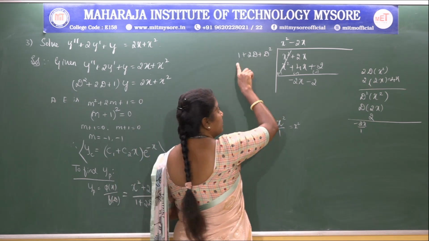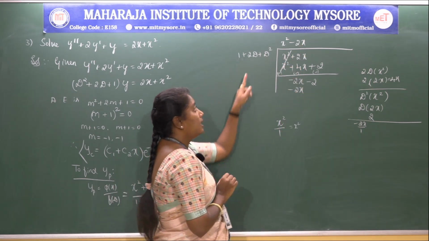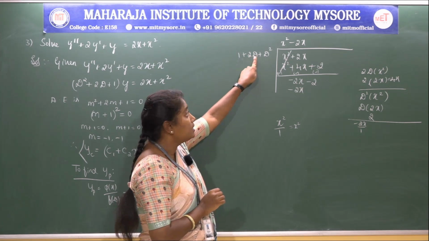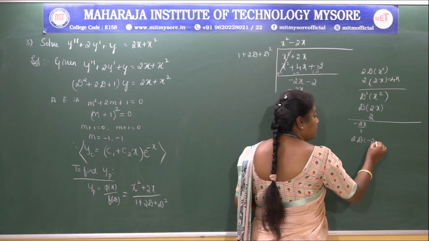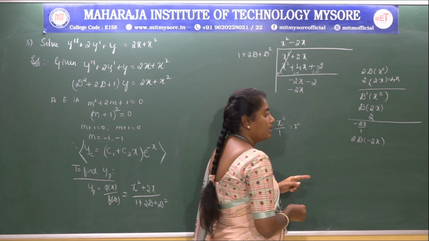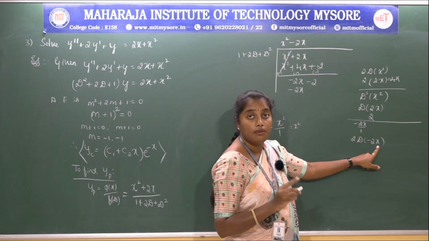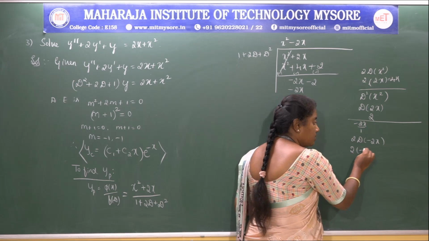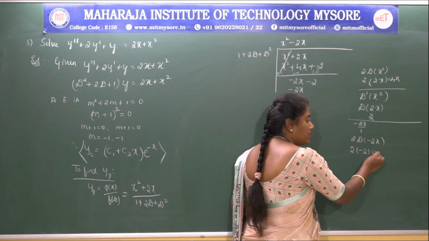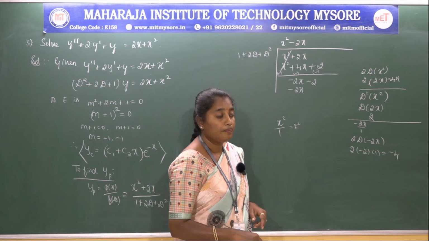So 1 into minus 2x is minus 2x. Then 2d of minus 2x: the x power is 1, so on differentiating once we get a constant term. 2 times minus 2 is a constant term, since differentiation of x is 1. The resultant term is minus 4.